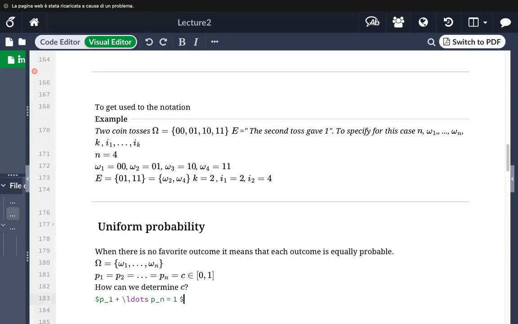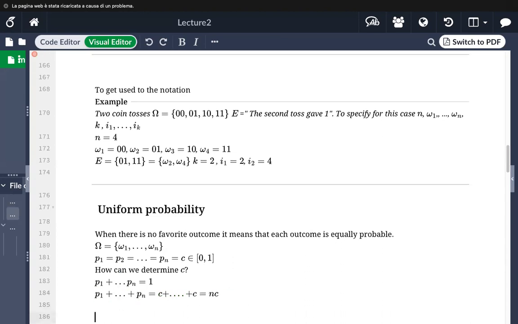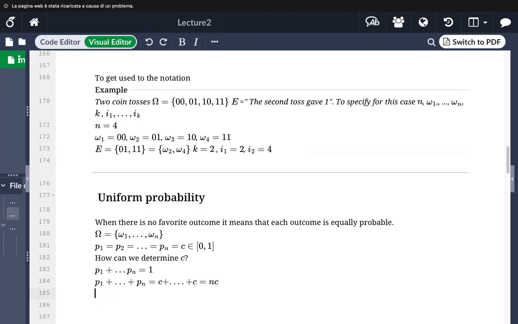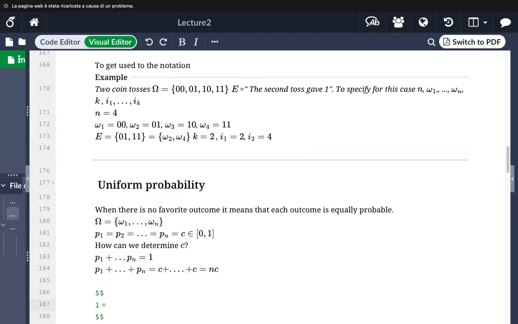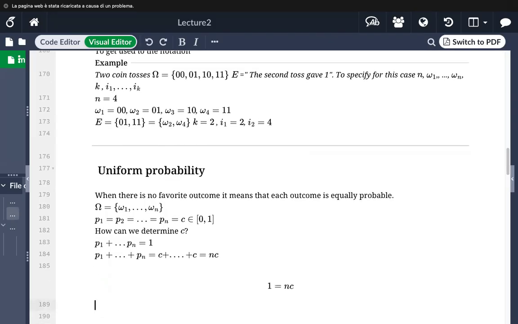On the left-hand side, you have p1 plus ... plus pn, which is simply the sum of c n times, equal to n times c. So in practice, 1 has to be equal to n times c, so that c is equal to 1 divided by n.